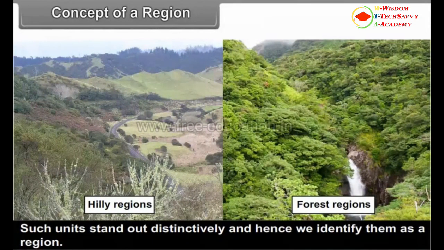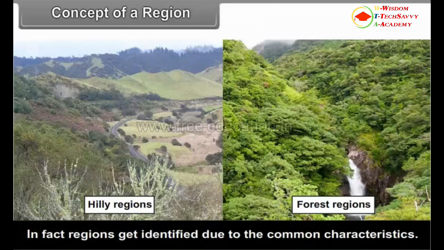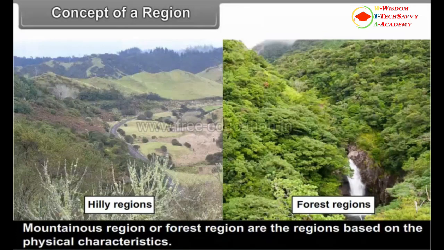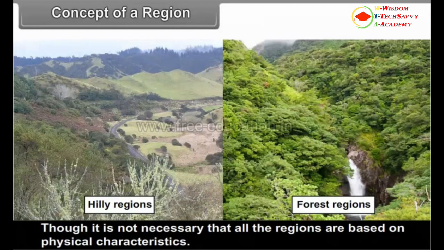Such units stand out distinctively, and hence we identify them as regions. In fact, regions get identified due to the common characteristics. Mountainous region or forest region are the regions based on the physical characteristics. Though it is not necessary that all the regions are based on physical characteristics.